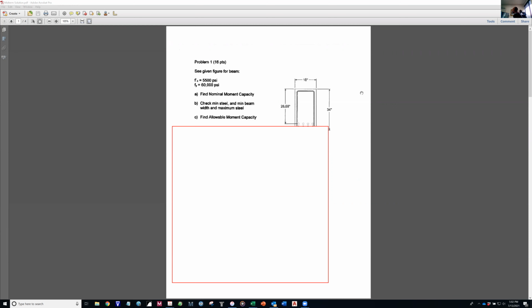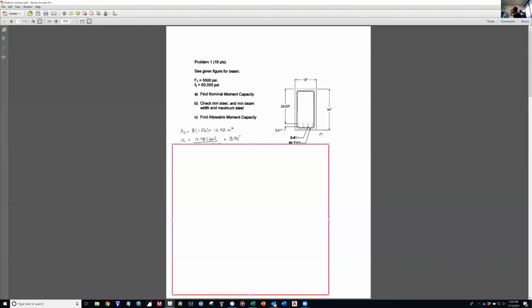Go down just a little bit so you can see there. I called out that the beam is reinforced with 8 number 11s. The ties are number 4 ties, which you'll need to figure out what the minimum width is. The width of the beam is 18, the depth of the beam is 34, the distance from the top of the concrete to the center of the upper row is 28.88 inches, and the distance from center to center of the rows of steel is 2.41 inches.